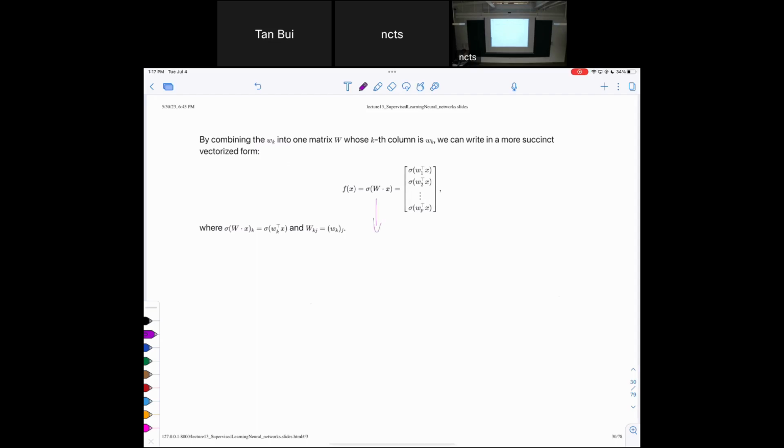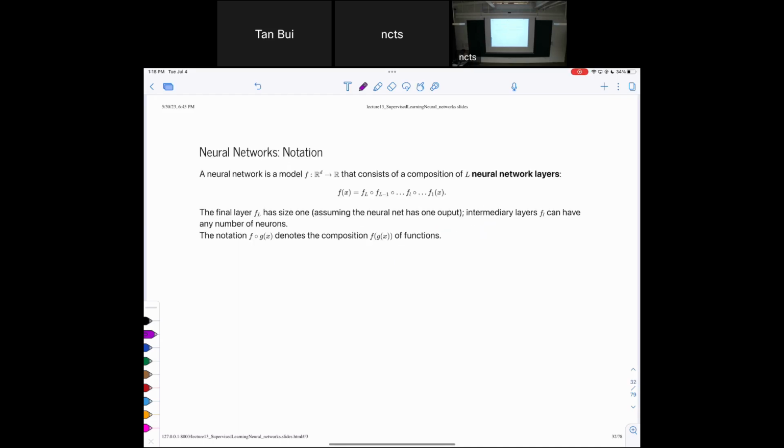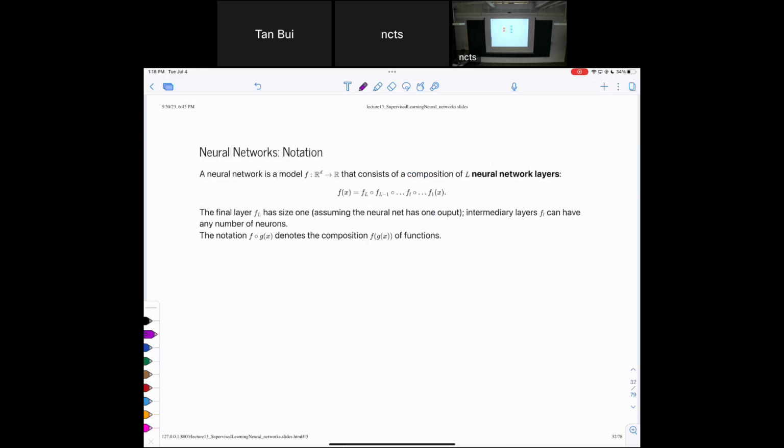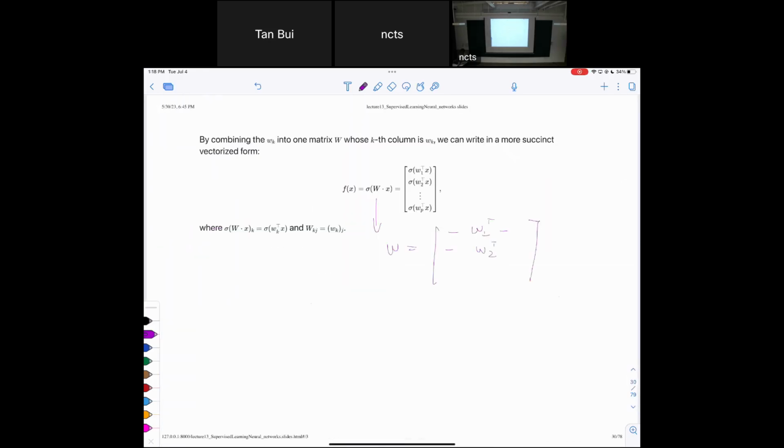W is a matrix whose first row is W1 transpose, and then the second row is W2 transpose, and so on, until WP transpose.